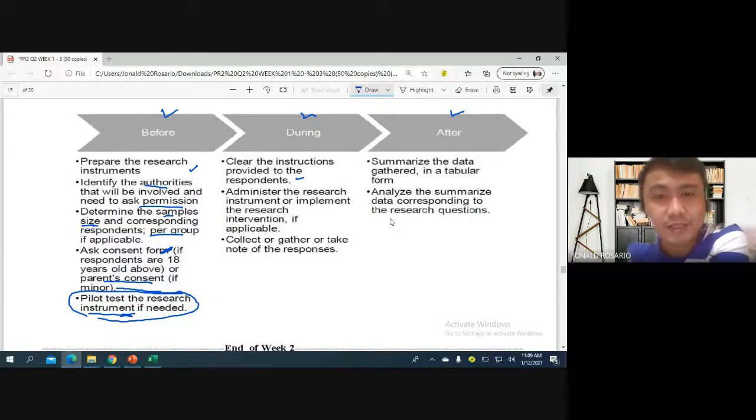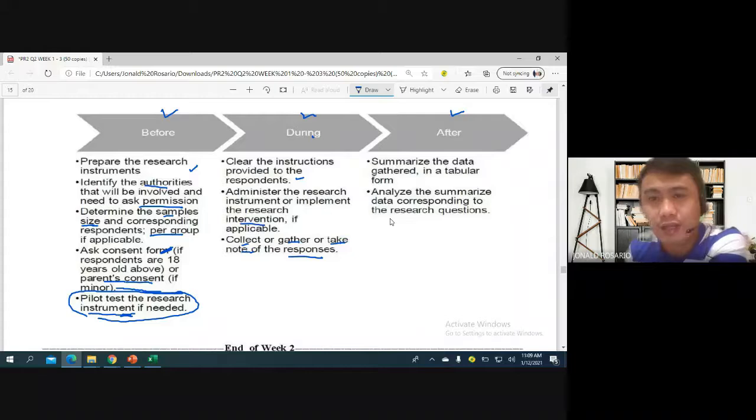Next, administer the research instrument or implement the research intervention if applicable, kung may intervention. Collect or gather or take note of the responses. Of course, during, magko-collect na tayo ng mga responses, mag-gather na tayo, or kapag observation yan, take note natin yung mga responses nila.